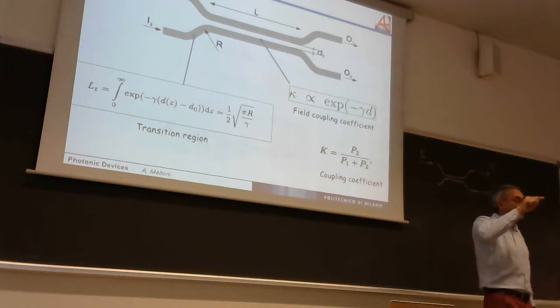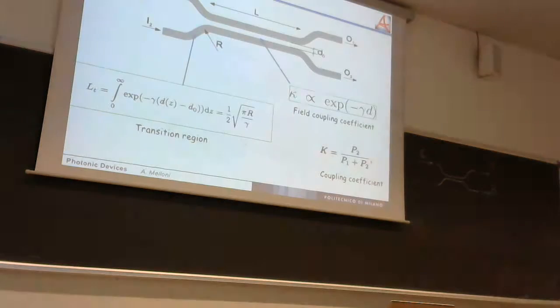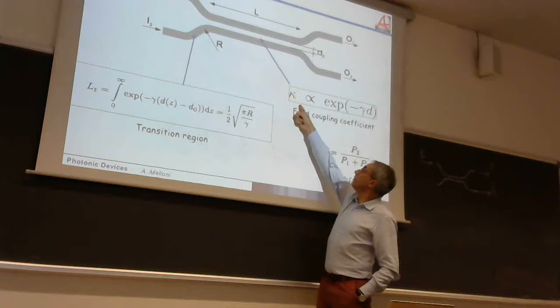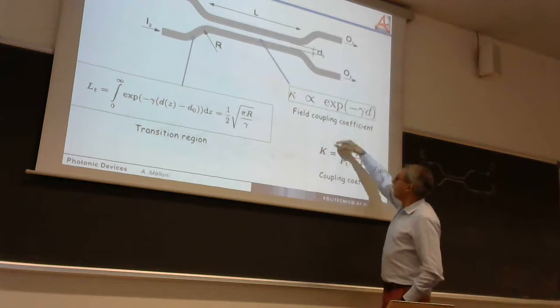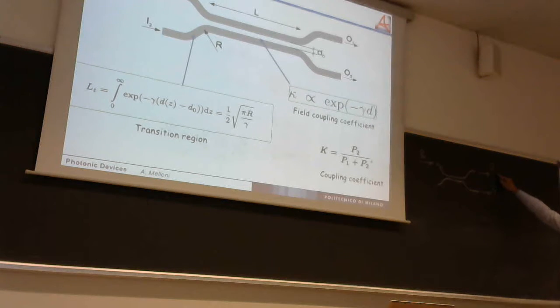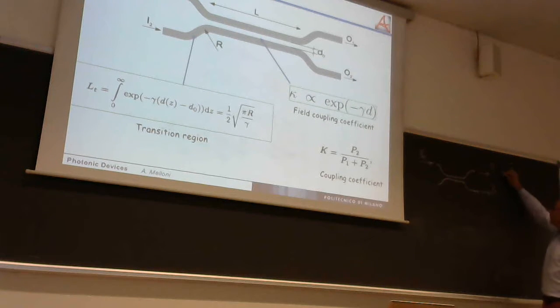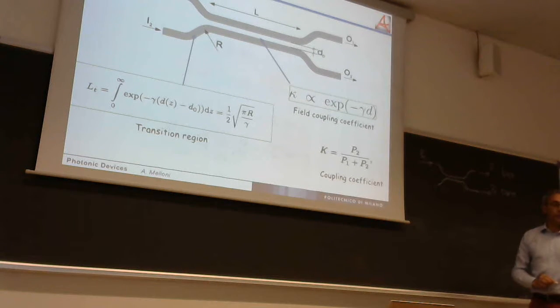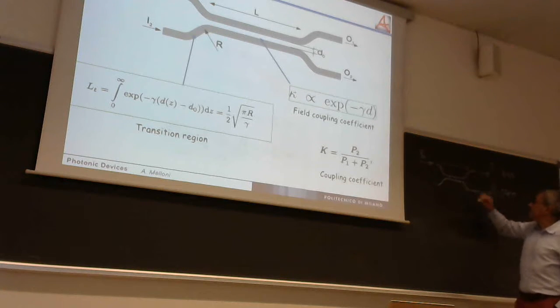The small k is the field coupling coefficient. This is called the field coupling coefficient, and this is the power coupling coefficient. Usually, people refer to this port as bar and this one as cross. Cross because you cross the directional coupler and you go to the other port. Bar, you go on the same port.